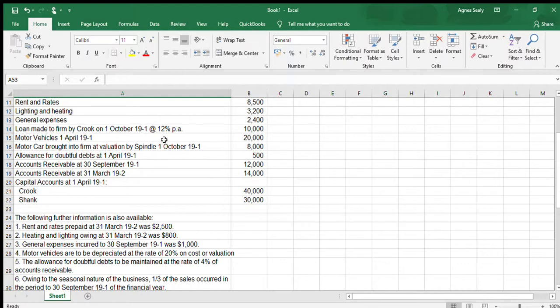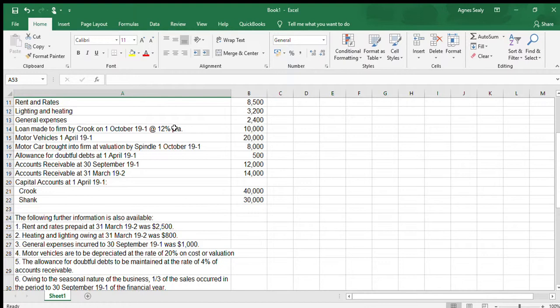So we must always calculate our interest on the loan. They have given us a per annum rate for our interest of 12%. However, if no interest rate is given for a loan, the interest rate will be calculated according to the Partnership Act, which is a rate of 5% per annum.